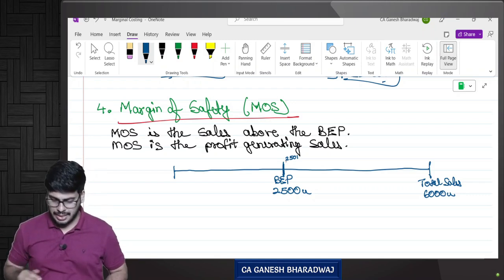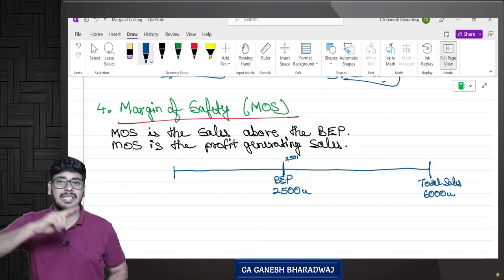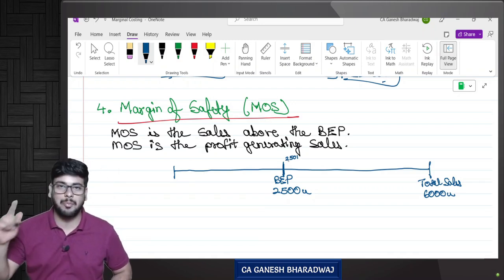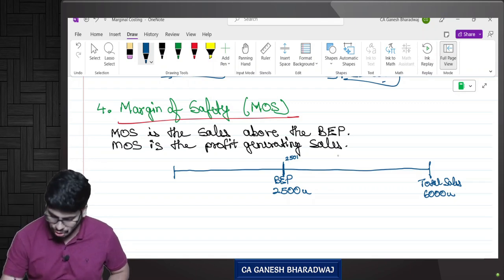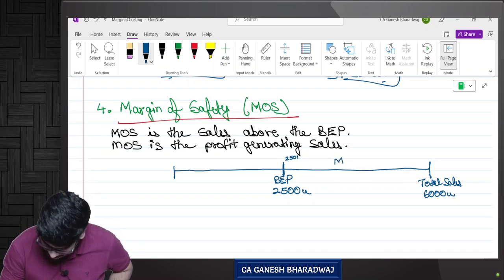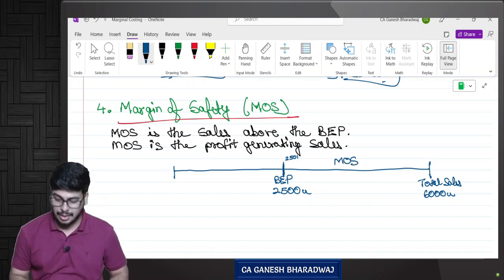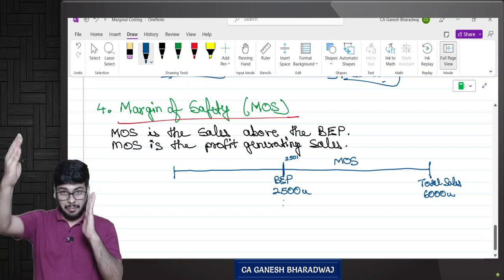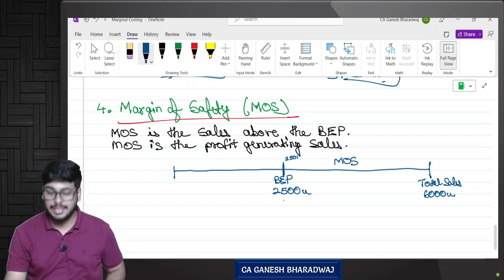Or in other words, whatever sale is made over and above my break-even point is called margin of safety. In our example, margin of safety is how much? My break-even point is 2,500, but my actual sales is 6,000.